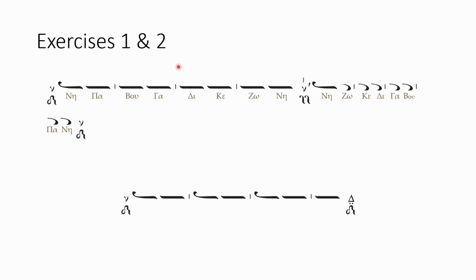So, starting with this, we have the martiria that tells us to start at the note ni. Now, in Byzantine music, in practice in the church, you have to match the pitch of the priest. But for our purposes here, we'll just give an arbitrary ni to begin with.